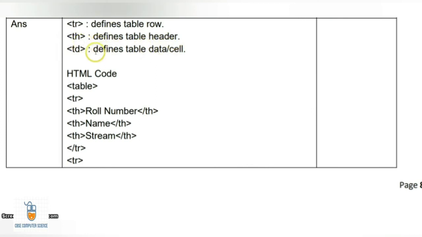This is the format in which we would be using the table tag, starting and closing. Inside the table, how many rows we want, that many times we would be taking the TR tag, TR open, TR close, like that. For heading we would be using TH, and for individual cells we would be using TD, and all these tags are container tags.